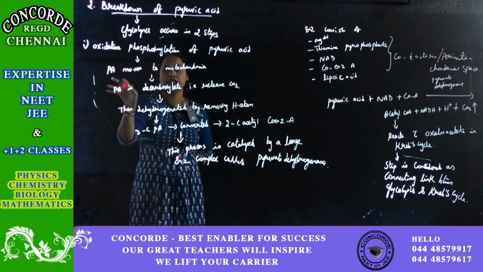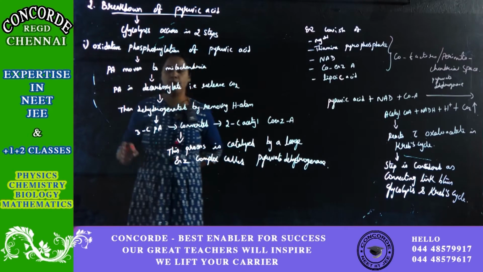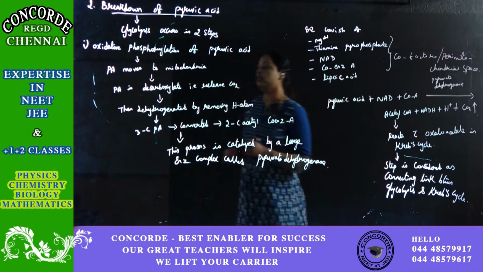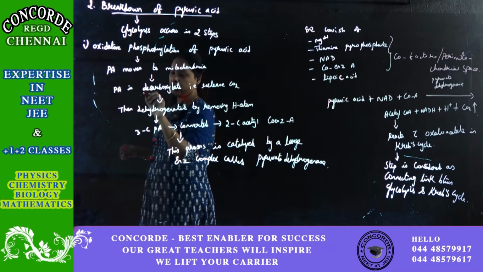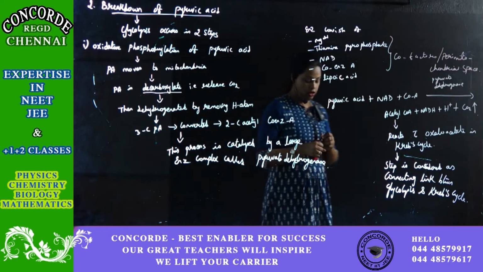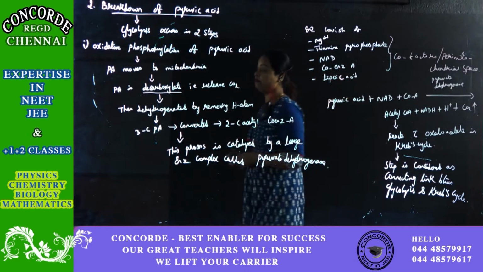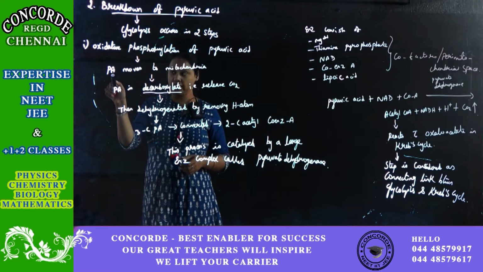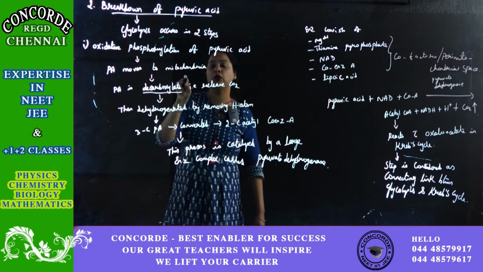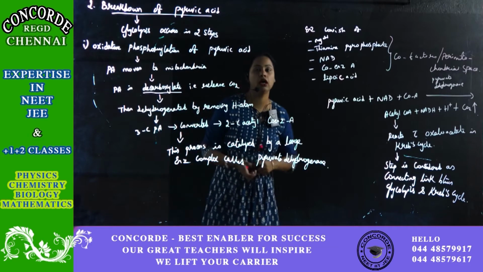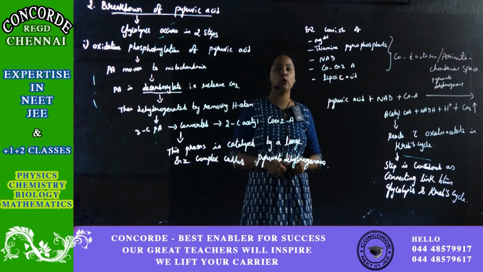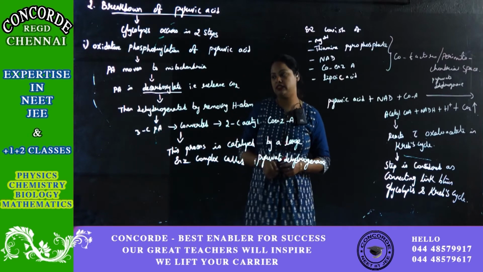Once it moves to mitochondria, decarboxylation happens, that is the release of carbon dioxide from pyruvic acid. In mitochondria, decarboxylation happens, that is release of carbon dioxide from pyruvic acid.